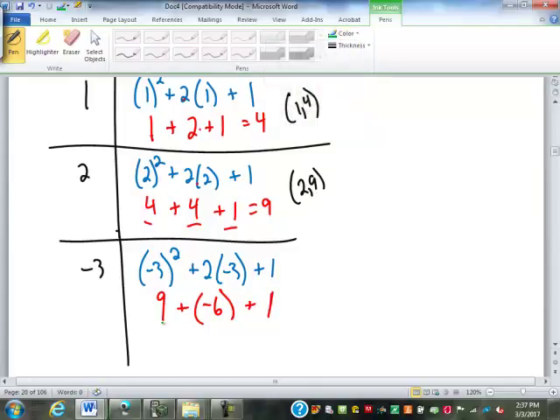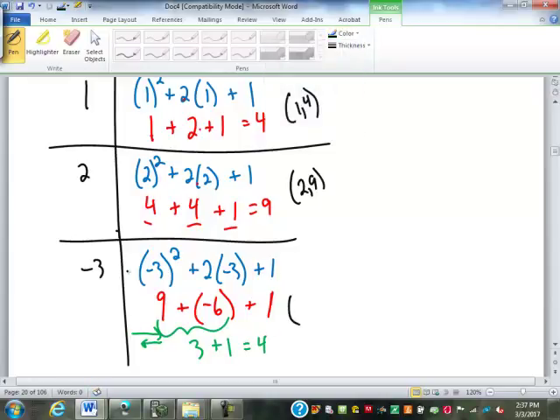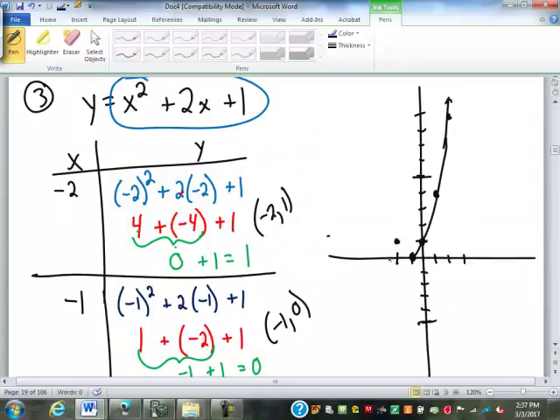What is 9 plus -6? 9 and -6 make +3, good. 3 plus 1 is 4. So that gives us the ordered pair when x is -3, y is 4. So on my graph, x is -3, y is 4. It's right there.